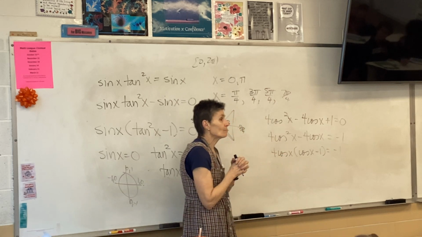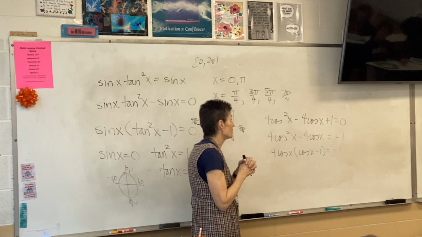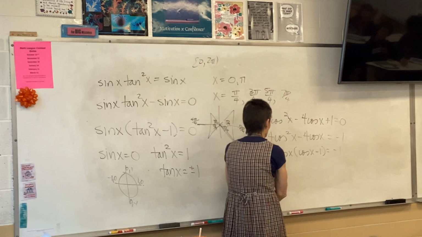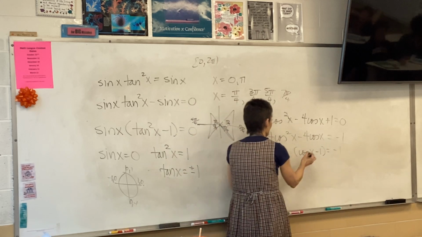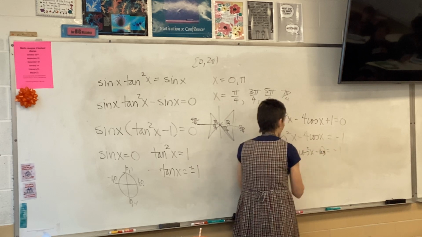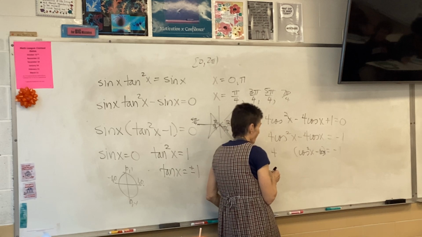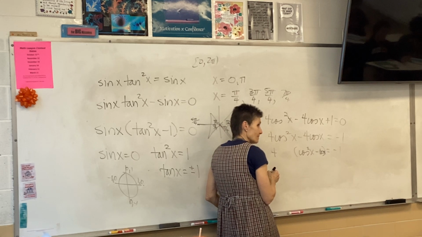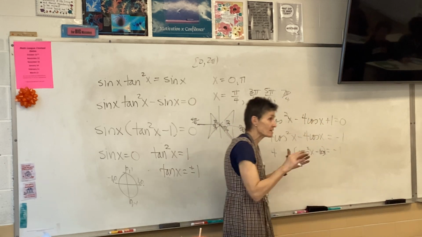You just have 4 cosine. Can you factor out a 4? Then you get 4 cosine squared x. Okay, so wait a second. You want me to factor out 4, okay, and then do what? Because there's nothing to do, that's the problem.